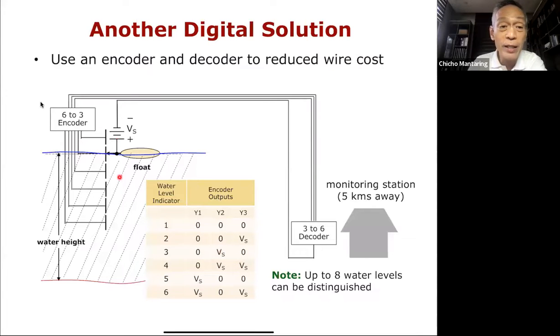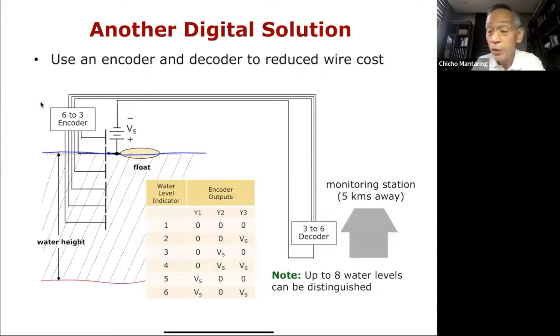No? My encoder has three outputs. Okay, for every input that has a voltage, there's a particular output combination. And so this is just a sample. So for example, if this is the one that has a voltage, ang output ko will be 0 volts, 0 volts, 0 volts. Ito naman yung may voltahe, ang output ko will be 0 volts, 0 volts, and V of S. And so forth.